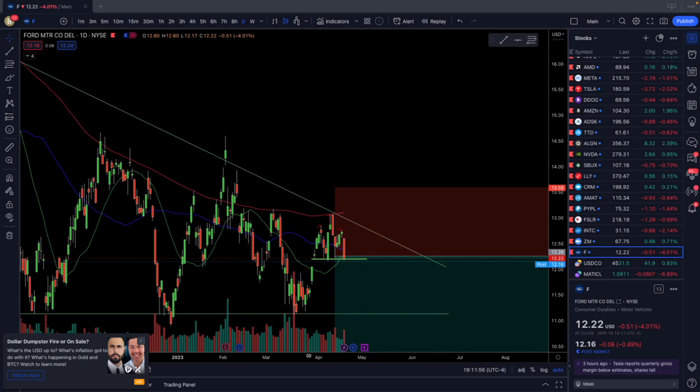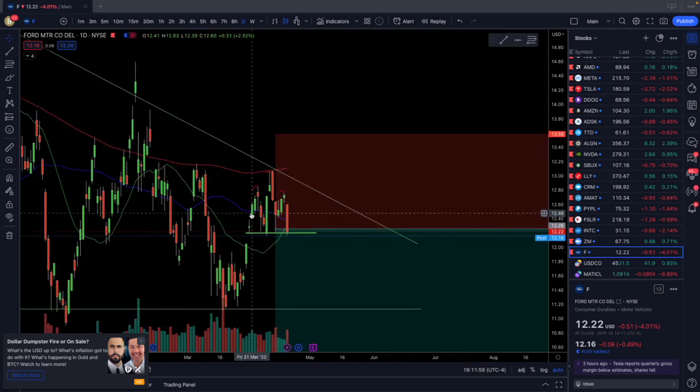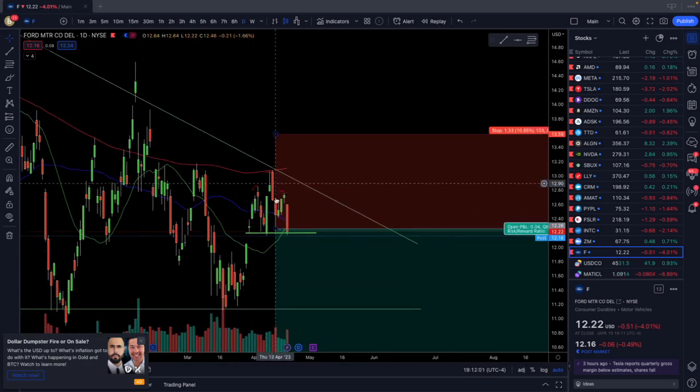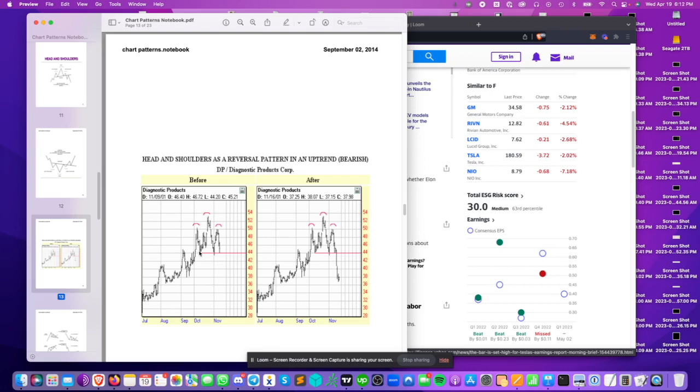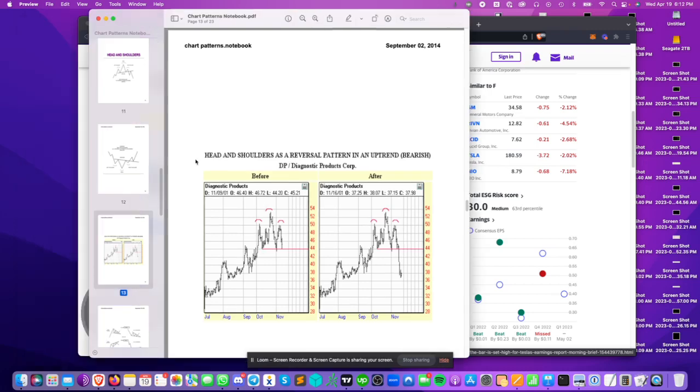But before I do, I want to point out a head and shoulders pattern here on the daily chart, where if you're not familiar with what a head and shoulders pattern looks like, I'll show you on this notebook right here, where the price of the stock forms the first shoulder, the head, and the second shoulder, has a neckline.